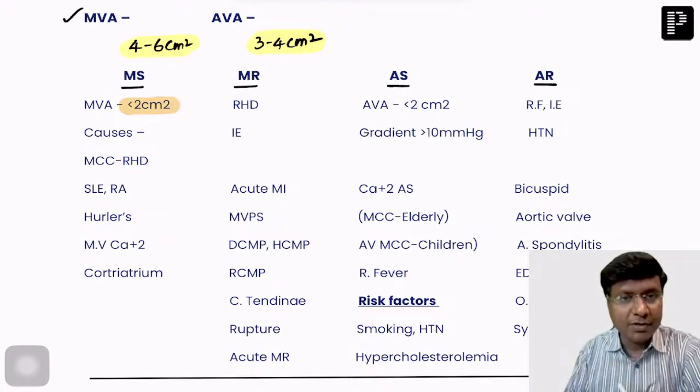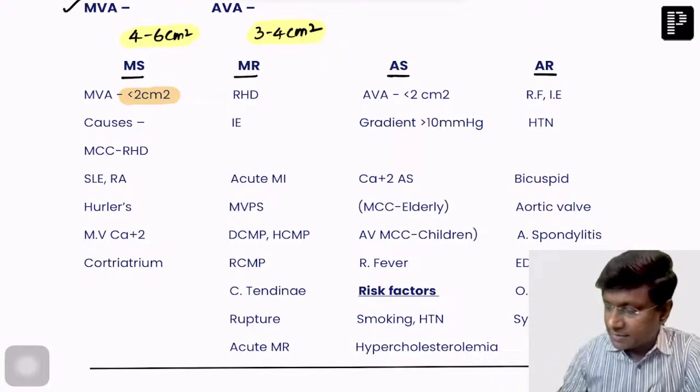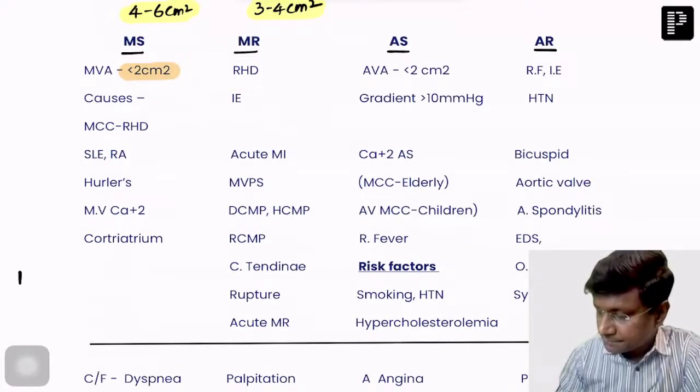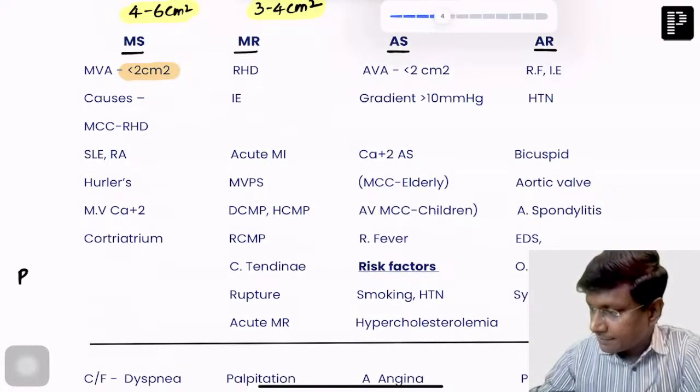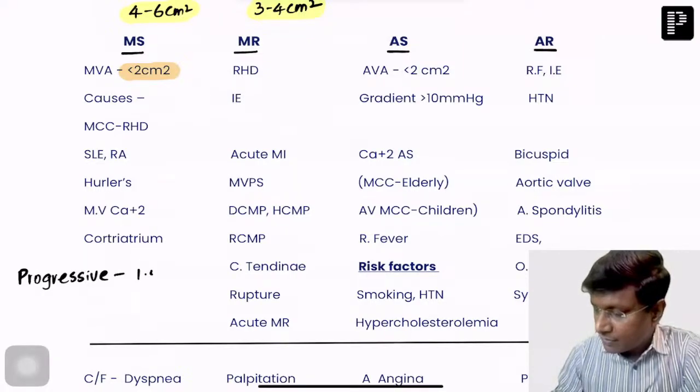Now, depending upon the valve area, we classify mitral stenosis into progressive, then severe, and then very severe mitral stenosis. In progressive mitral stenosis, the valve area is 1.5 to 2 centimeters square.